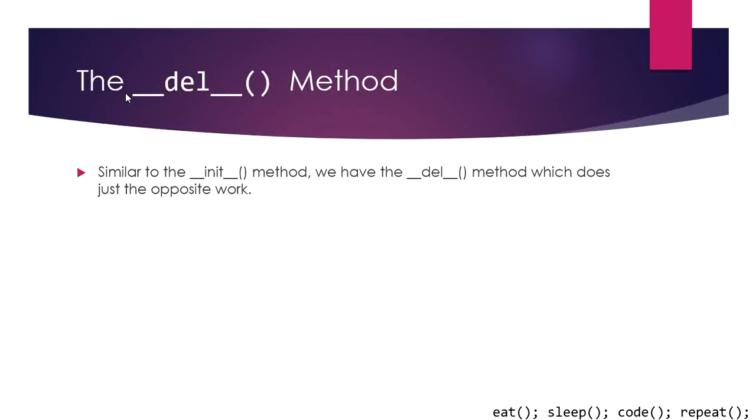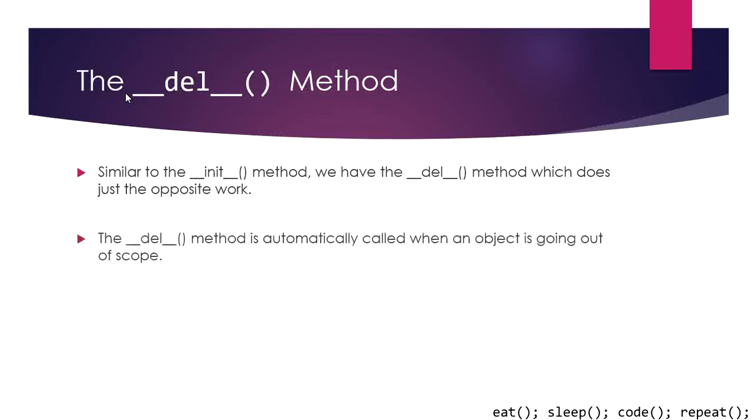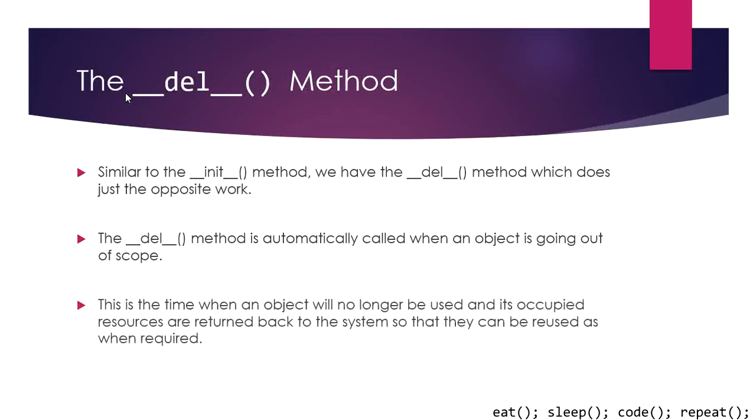Similarly, we have a del method which does the opposite work. The del method is automatically called when an object is going out of scope. This is the time when an object will no longer be used and its occupied resources are returned back to the system so that they can be reused when required.